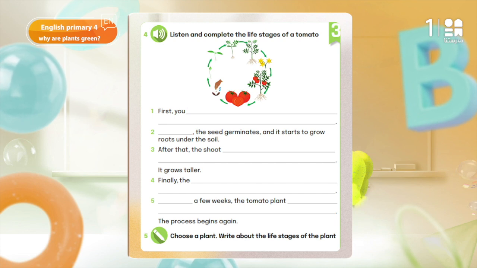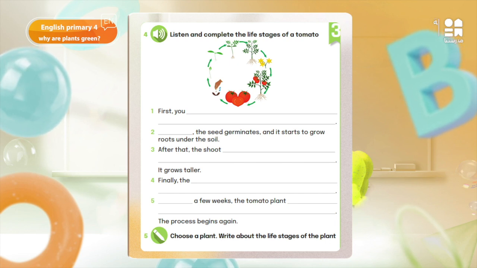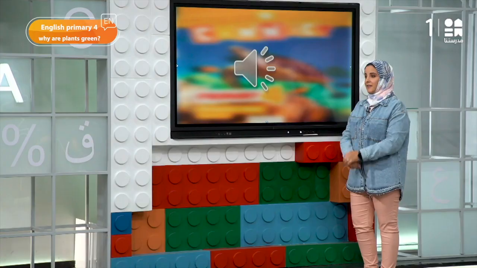It grows taller. 4. Finally, the plant grows leaves, flowers, and tomatoes. 5. After a few weeks, the tomato plant dies and drops its seeds. The process begins again.